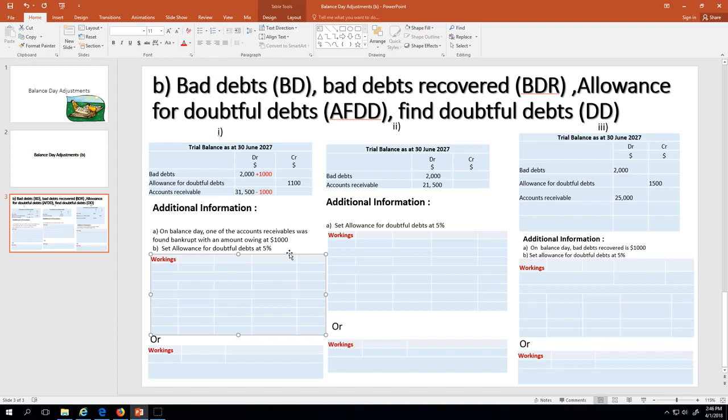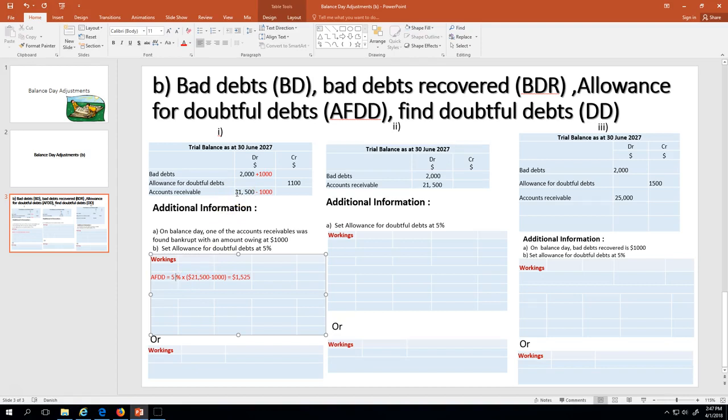Okay, the next thing. Set allowance for doubtful debts at 5%. So what you do here is you count your allowance for doubtful debts. I'll do this in short: AFDD stands for allowance for doubtful debts. So remember, when you do an adjustment, you need to make sure your allowance is calculated on the amount that is adjusted.